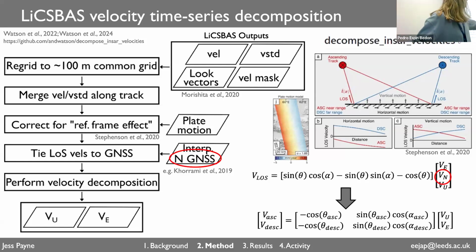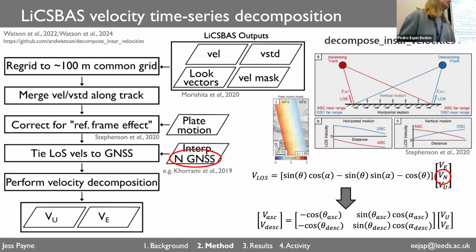Here we have, for example, two inputs, ascending and descending velocities, but we want to solve for three unknowns: the current velocities, east-west, north-south, and up-down. That's not possible, but to make the equation solvable, you insert an interpolated north GNSS field. So take the northern velocities, interpolate them in space, and insert that into your equation. Then you can solve the equation at the bottom.